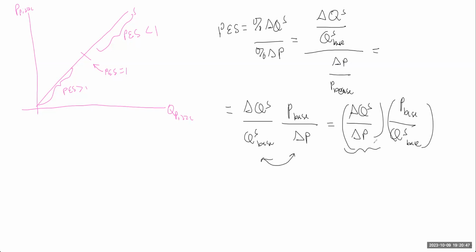This here, just like demand, is 1 over the slope. Remember, the slope of a supply curve is rise over run, change in price divided by change in quantity. This is the flip of that, 1 over slope. So this is constant. For a straight line, this is just fixed, okay?